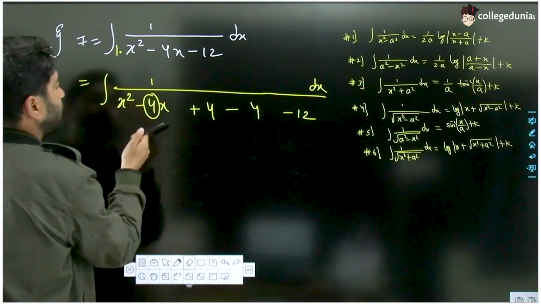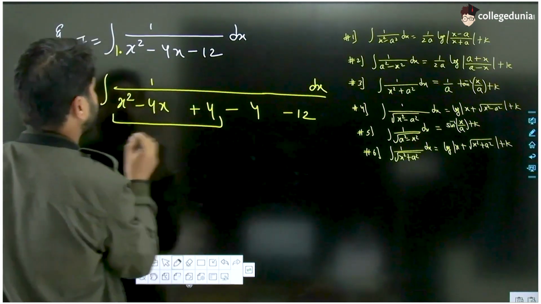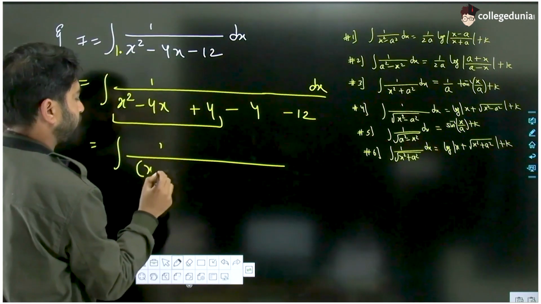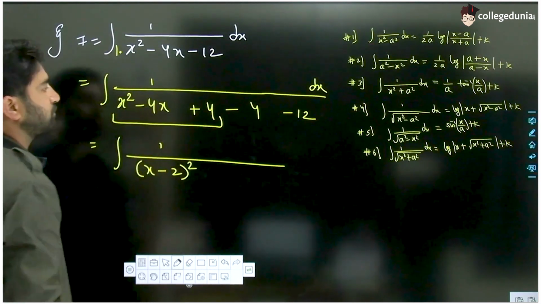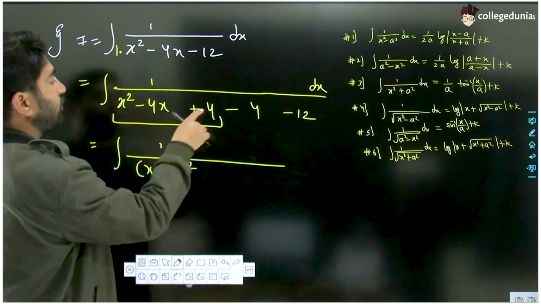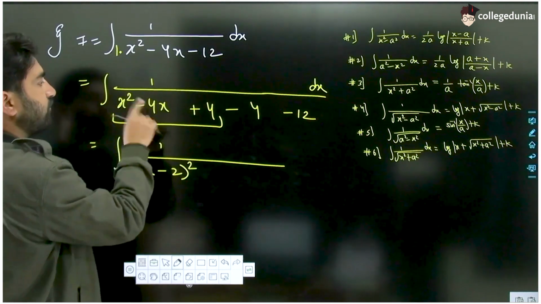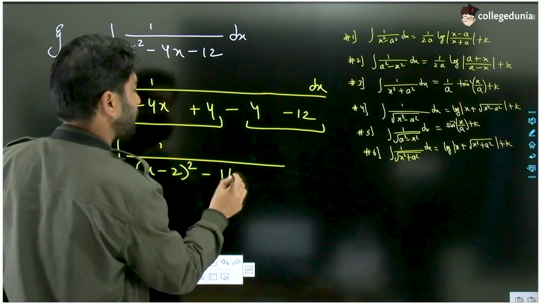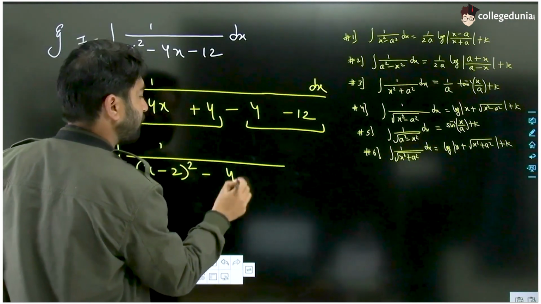Because these three terms are making the square of x minus 2. You can see x square, 2 square, 2 into 2 minus 4x. And these two terms are making minus 16, which can be written as 4 whole square.